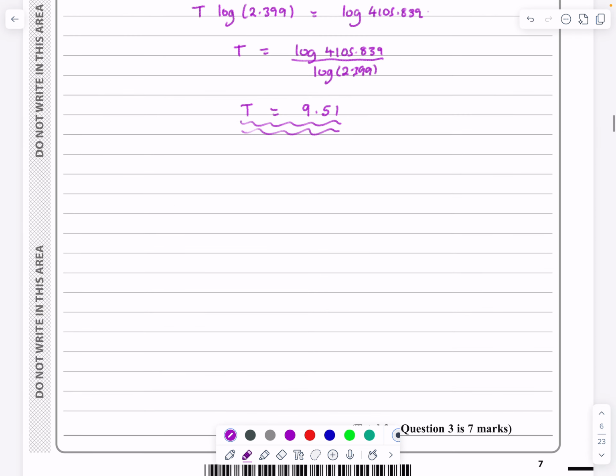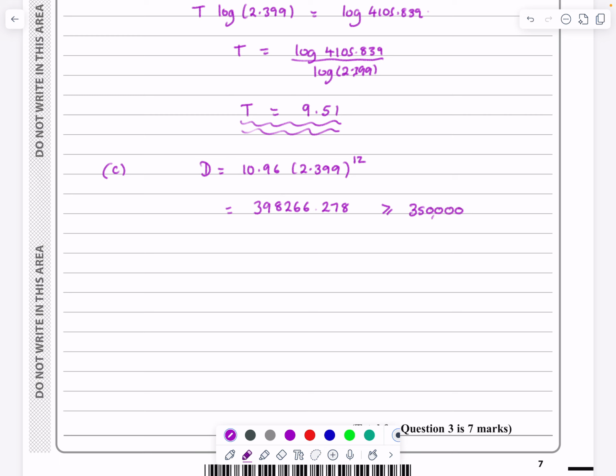So for part C, we've got that D equals 10.96, 2.399 to the t, haven't we? And in fact, I'm just going to put the 12 straight in there. Let's find out what it is when t equals 12. So subbing that in gives us 398,266.278, which is greater than 350,000.